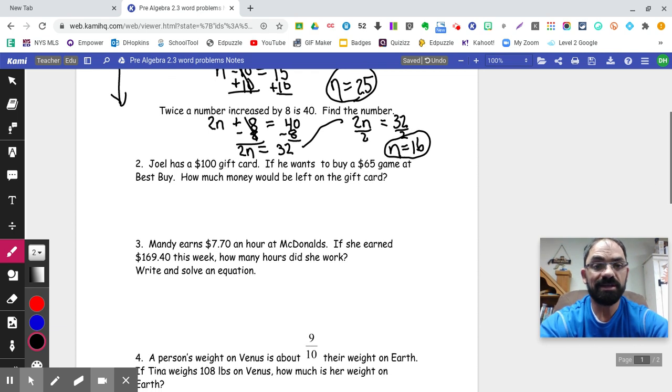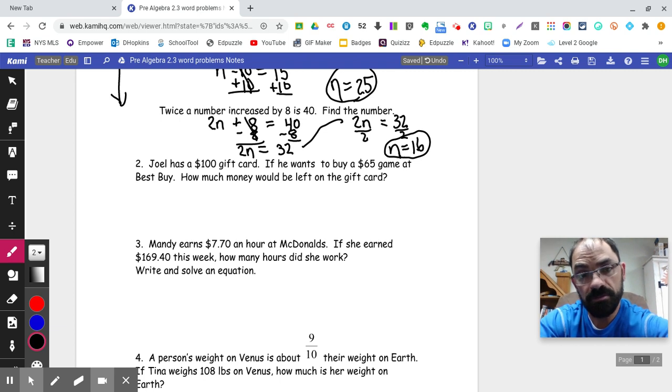Okay, Joel has a $100 gift card. He wants to buy a $65 game at Best Buy. How much money would be left on the gift card? Well, there's a couple different ways I could set this one up.